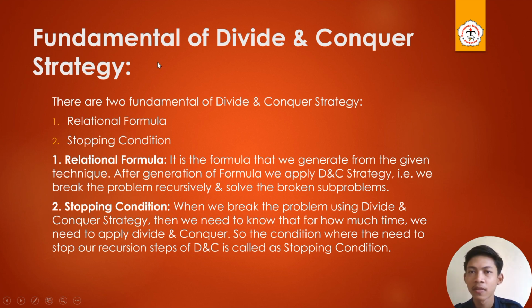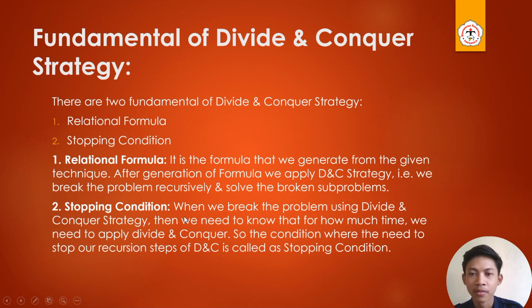Next, fundamentals of the divide and conquer strategy. There are two fundamentals of the divide and conquer strategy: relational formula and stopping condition. What is a relational formula? It is the formula that we generate from the given technique. After generation of the formula, we apply the D&C strategy, i.e., we break the problem recursively and solve the broken sub-problems. 2.